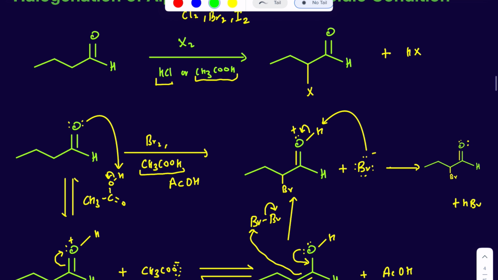But if it's only one alpha position like we got in there, it's a win-win situation where you don't have to worry about making another product, and you also don't have to worry about over-installing the halogen. It gets installed only once under acidic condition.